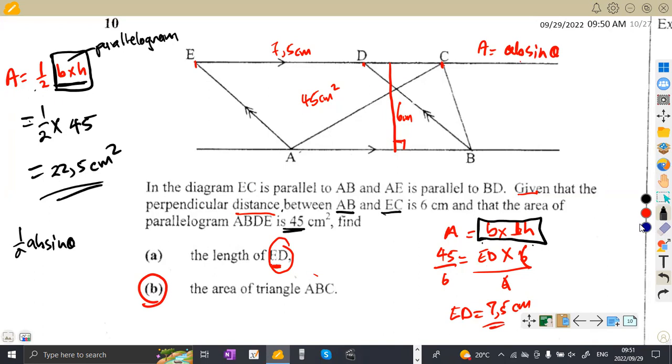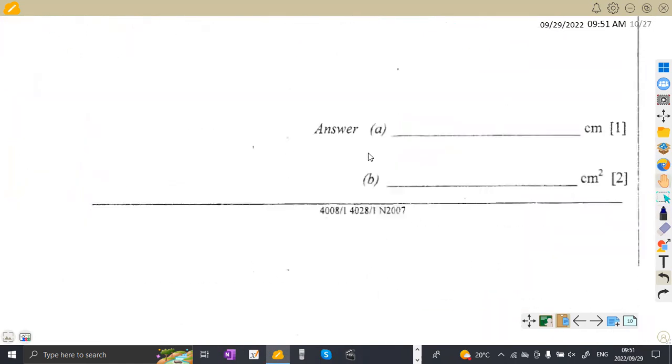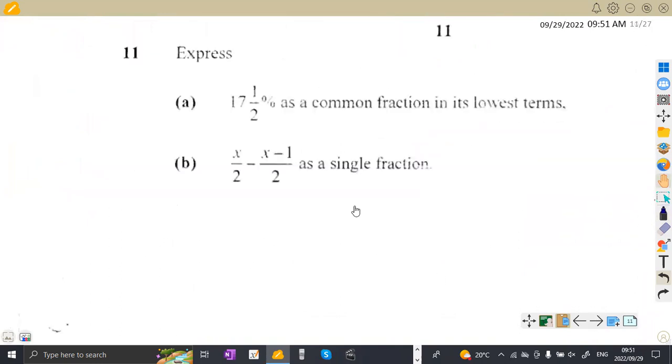The one for a parallelogram is AB sine theta, as you can see here. So it's simply half of this AB sine theta, which is your parallelogram. So that was the concept there. You simply multiply by half the area that you're given of the parallelogram to find the area of a triangle, provided that they are sharing the same base and height.